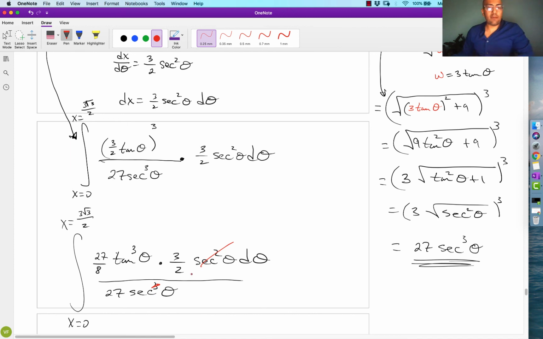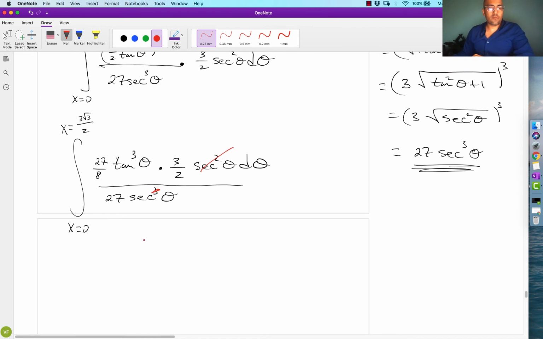And then let's take out those constants. So let's just put the constants out here. I end up with 27 over 8 times 3 over 2 times, and then this becomes 1 over 27. Right? Pulling that out there. And so this 27 cancels with that 27, and I end up with 3 over 16. So this whole thing will then become 3 over 16, and that takes care of all these constants.